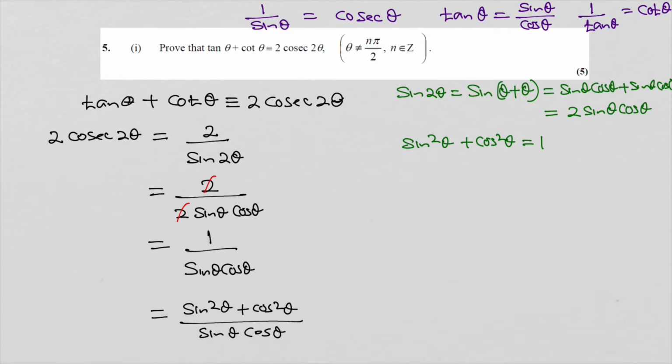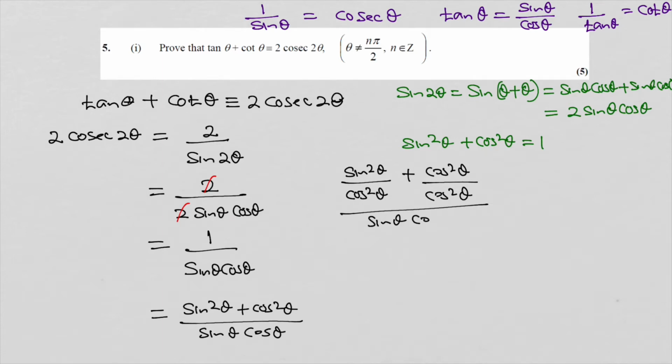So that should give sine squared theta over cos squared theta plus cos squared theta over cos squared theta. So I'm dividing the numerator by cos squared theta, over sine theta cos theta over cos squared theta.